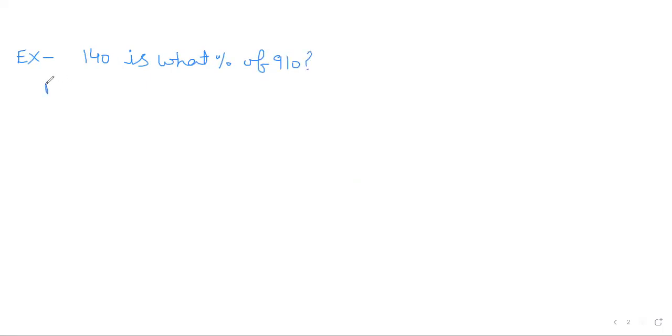So while solving, which will be in the denominator and which will be in the numerator between 140 and 910, right? So try to understand the language. Always try to understand the language.